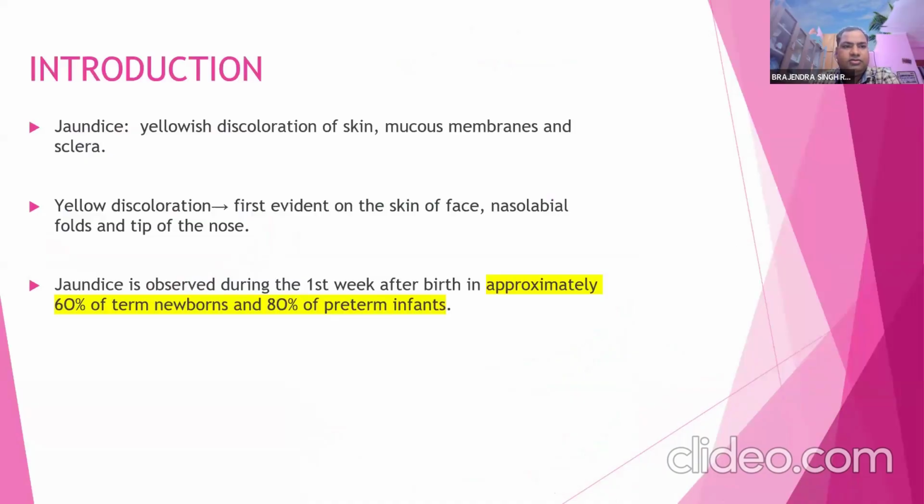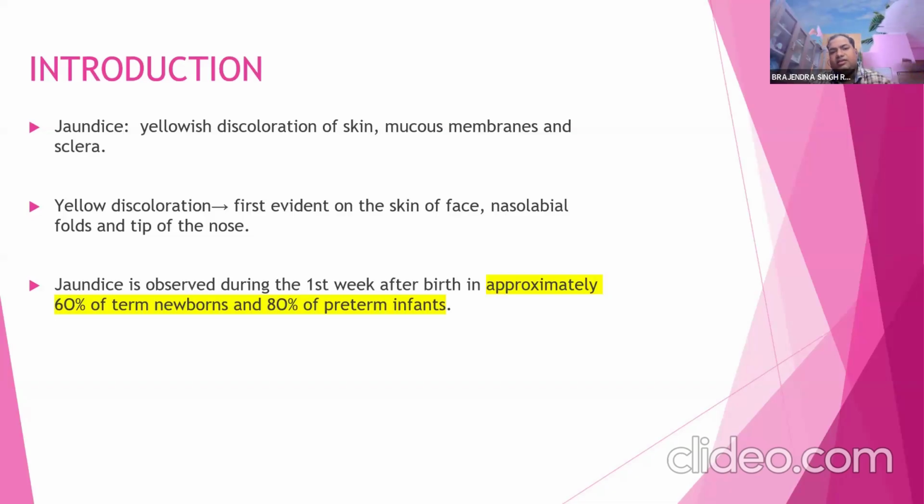So in introduction, neonatal jaundice is described as yellowish discoloration of the skin, mucous membrane, and sclera. Yellowish discoloration is first evident on the skin of the face, nasolabial folds, and tip of the nose. Jaundice is observed during the first week after birth in approximately 60% of term newborns and 80% of preterm infants.